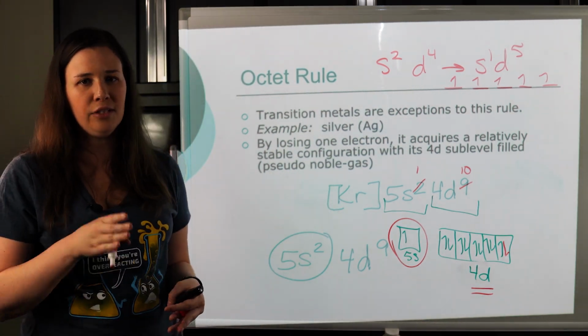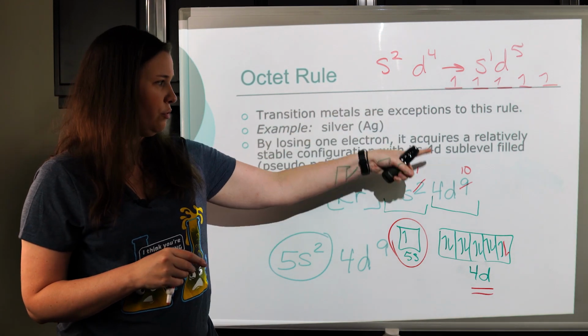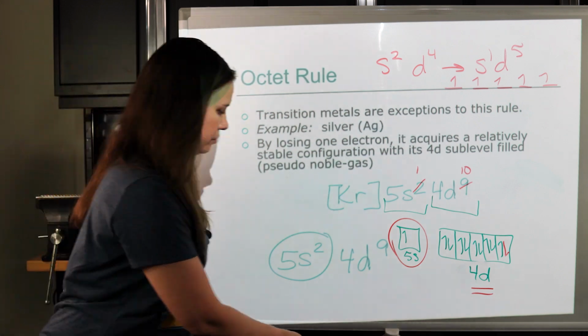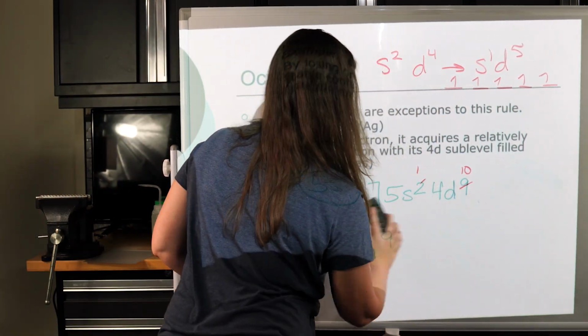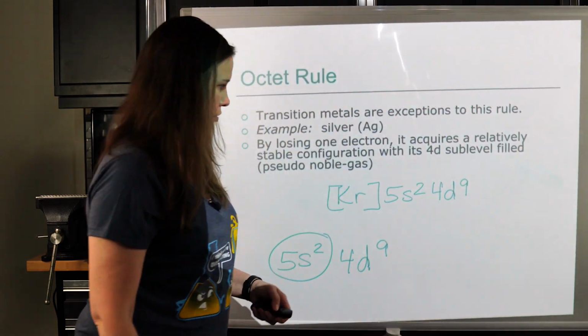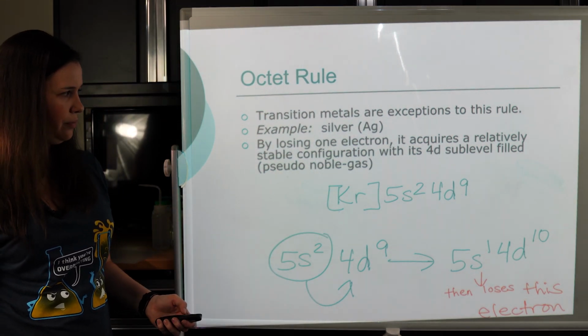So there are actually 8 transition metals on the periodic table that end in either D4 or D9, which will experience this exception. All right. So we're going to lose that valence electron in the 5s.